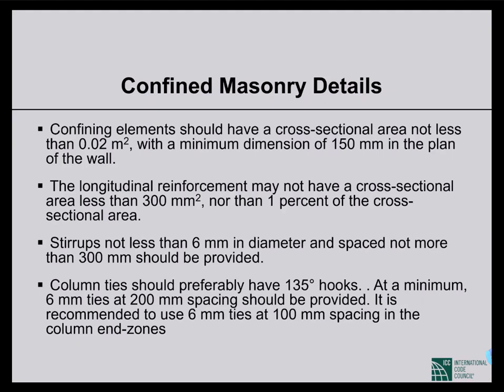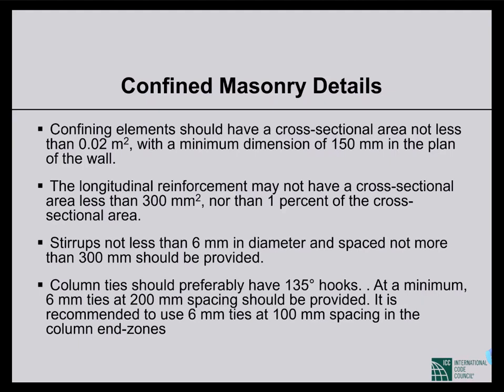These are not a must, these are recommendations, preferably 135-degree hook. So at a minimum 6 millimeter ties at 200 millimeter spacing should be provided. So similar to stirrup, the minimum diameter of tie will be 6 millimeters, but the spacing will be much less, 200 millimeter.